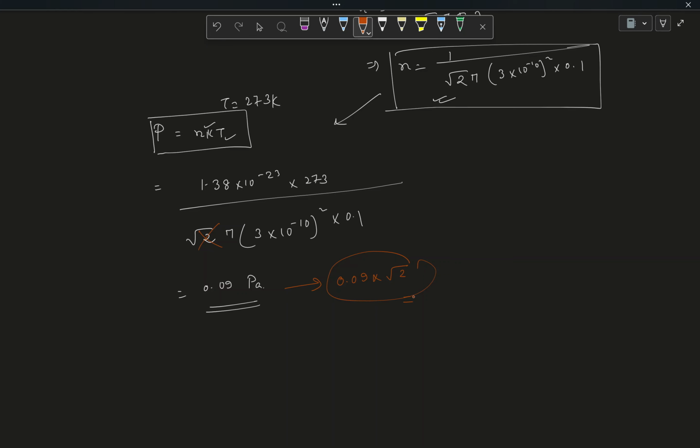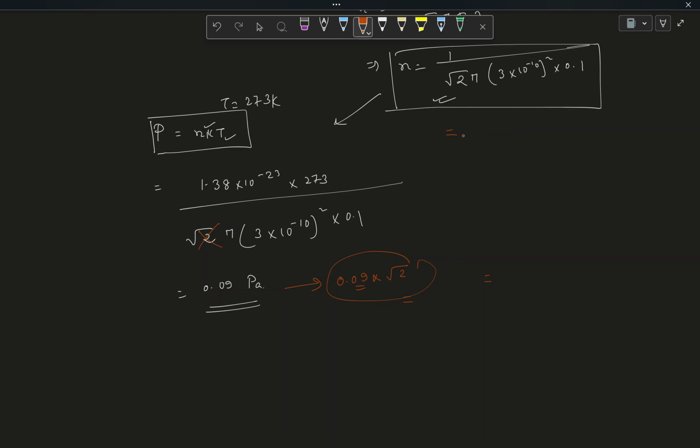Just multiply root 2 into 0.09. I think you have to calculate from the variables, because this is not exactly 0.09; I had made some estimation. So let us calculate from earlier. What is the value of n in this case? The value of n is 1 by root 2 into pi into (3 into 10 to the power of minus 10) whole squared into 0.1.